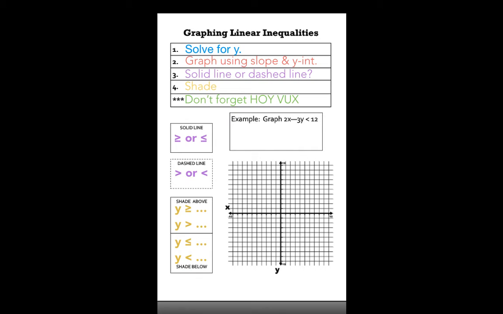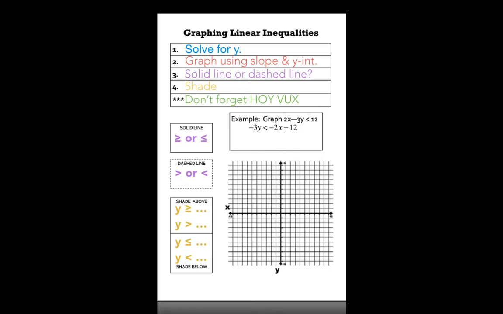So why don't we work through this example together here? We have 2x minus 3y is less than 12. So our first step is to solve for y. To do that, you would subtract 2x from each side, and then you would try to get the y by itself by dividing everything by -3. Now, in your notes, I want you to draw a little thought bubble.